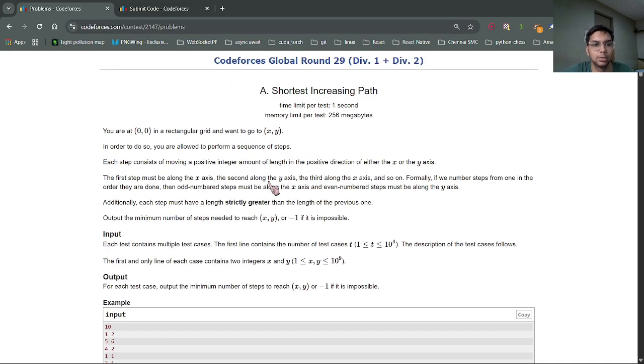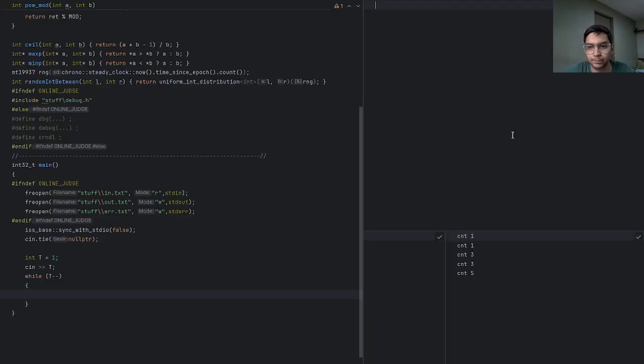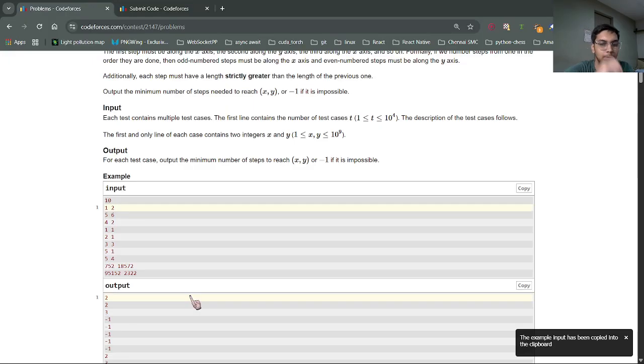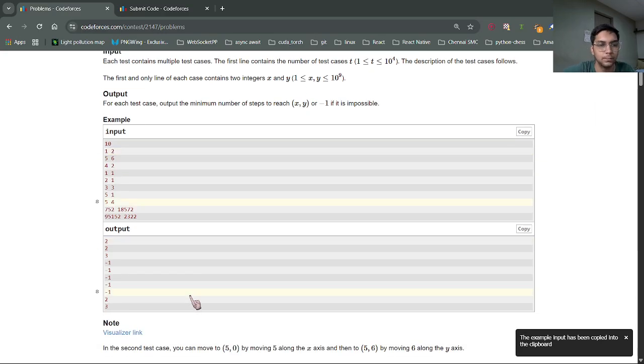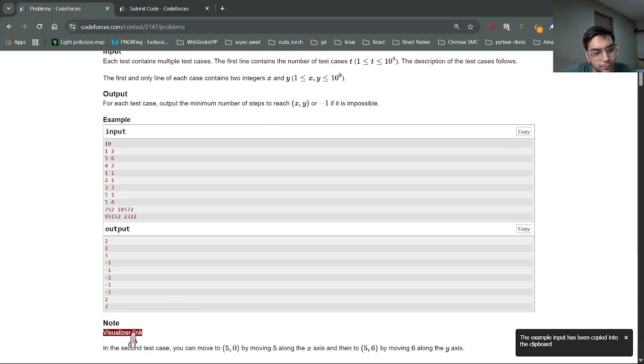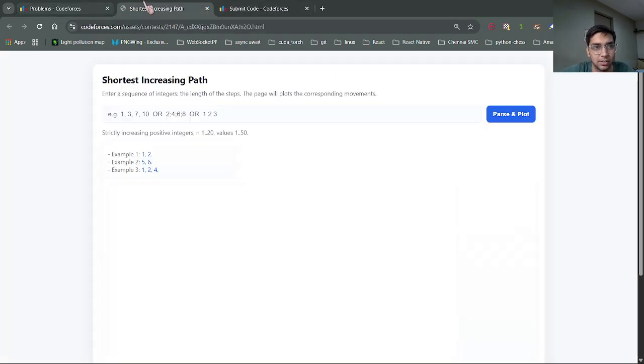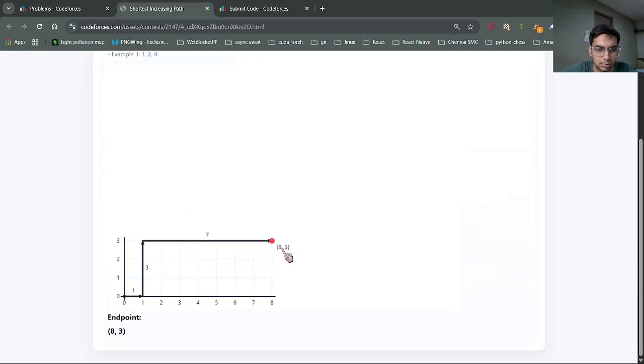Well, so visualize a link tab. Interesting.